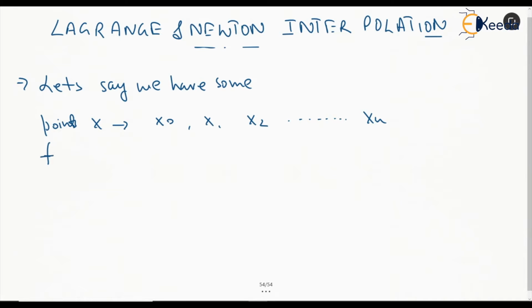Let's say we have y as y0, y1, y2 and so on up to yn.